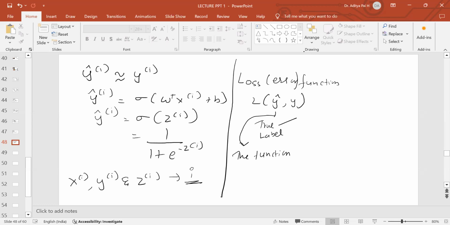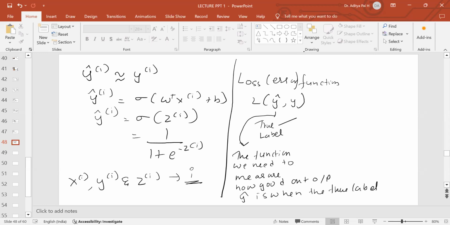We need to measure how good our output y hat is when the true label is y.